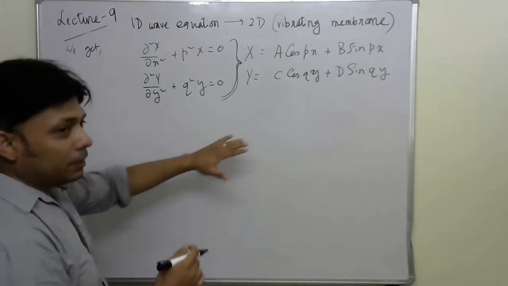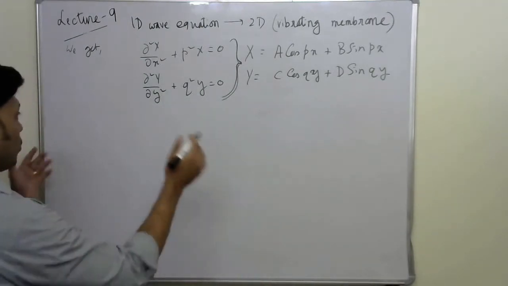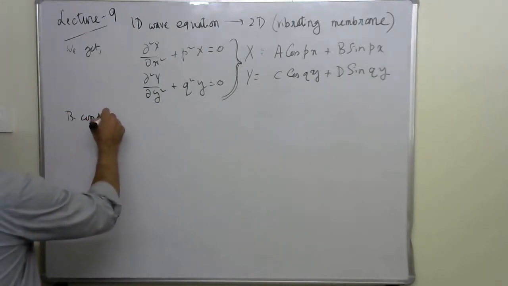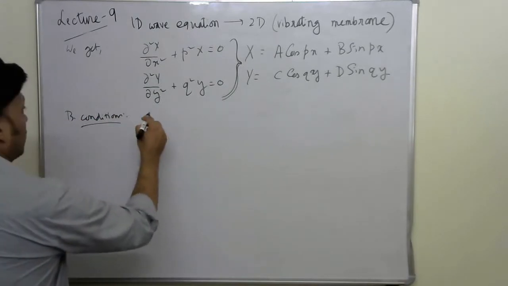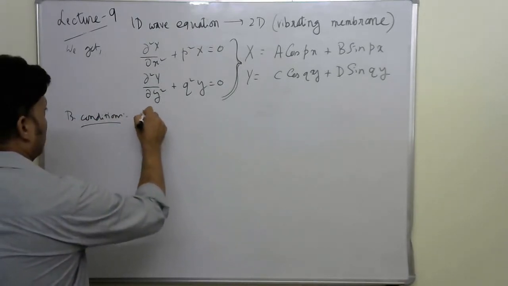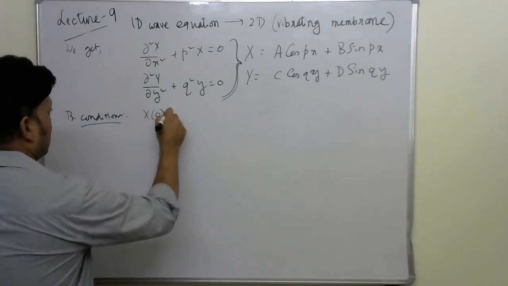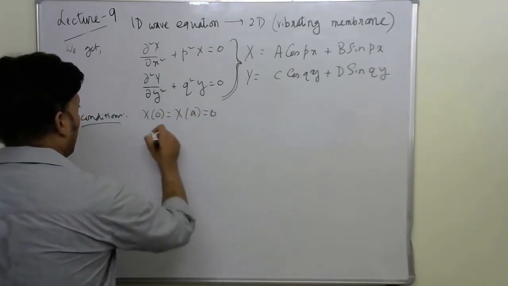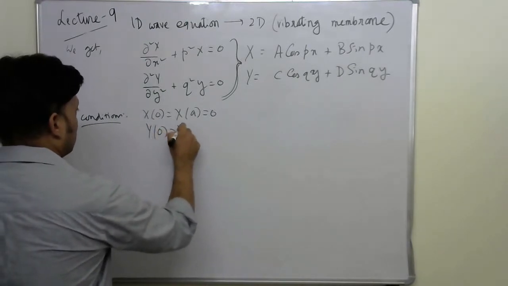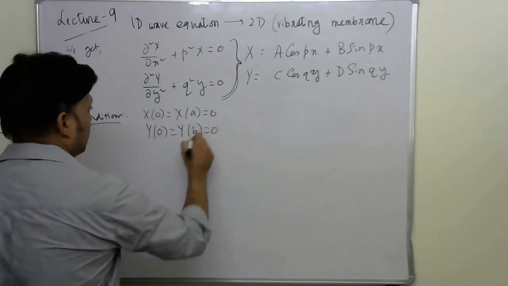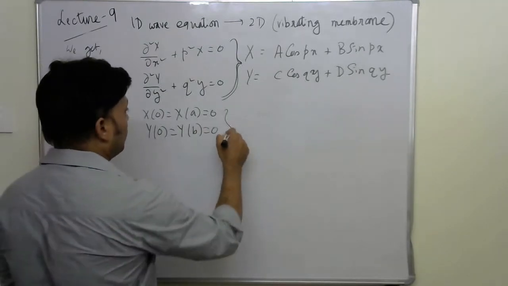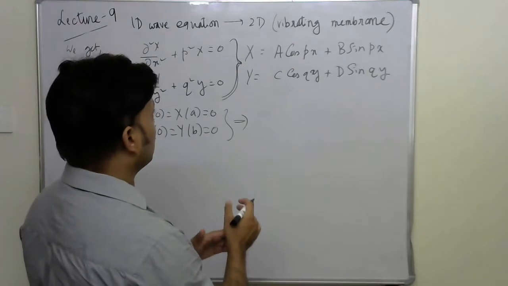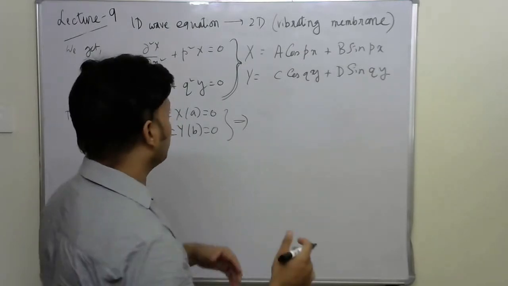Now we can solve these further, to get more specific solutions, by putting in the boundary conditions. The boundary conditions, once again, if you remember: X is equal to 0 and Y is equal to 0 at the boundaries.